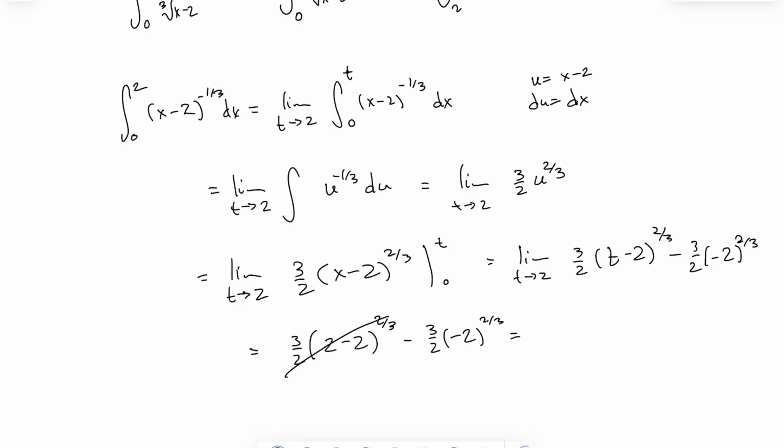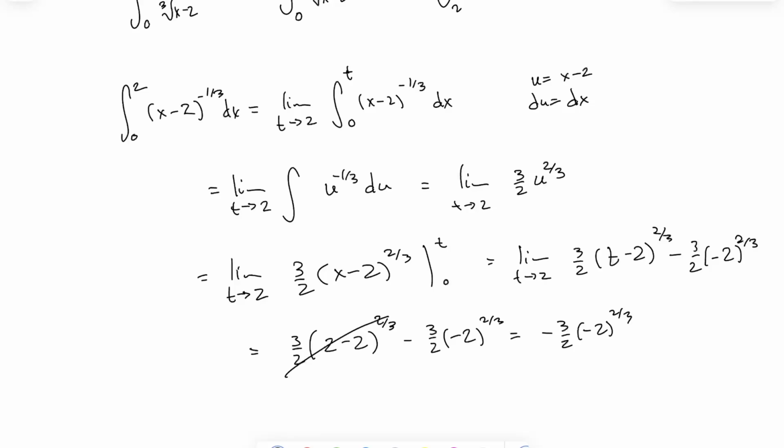This is 0, so my final answer, for this half at least, is negative 3/2 times negative 2 to the 2/3. All right. So that's the value of the first of these two things. We split it into two parts. That's the first part, the area on the left of the asymptote. All right, and it converges.